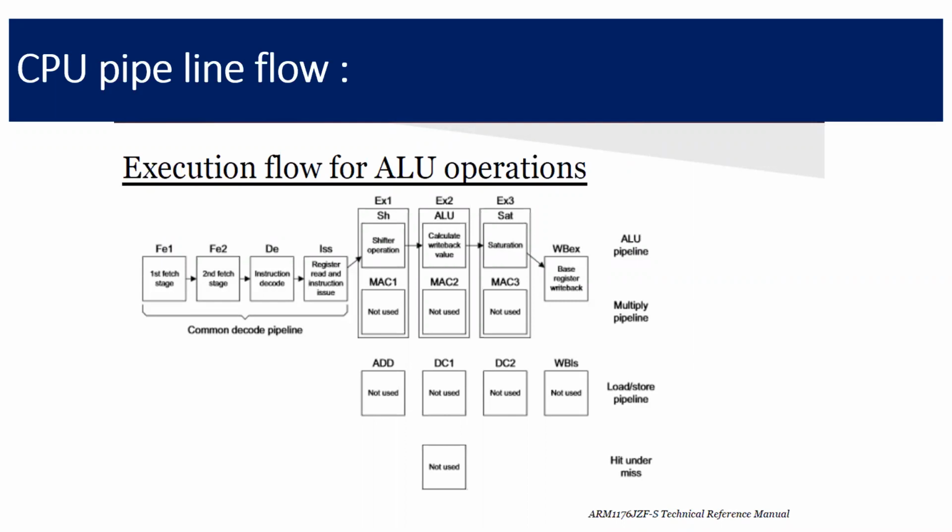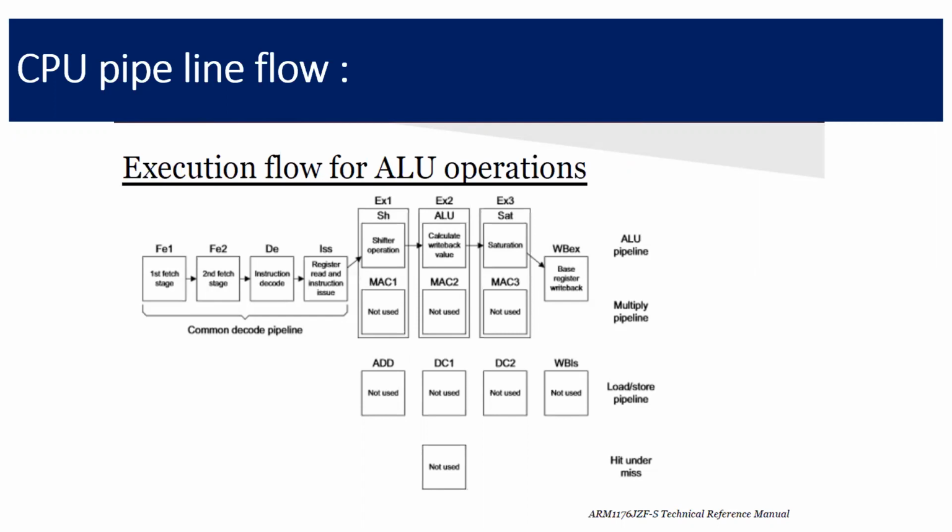This also performs arithmetic and logical operations in the second stage, and the write back stage is used to store the results in the memory. So this is what is happening inside the central processing unit of the ARM 11 core type of architecture.